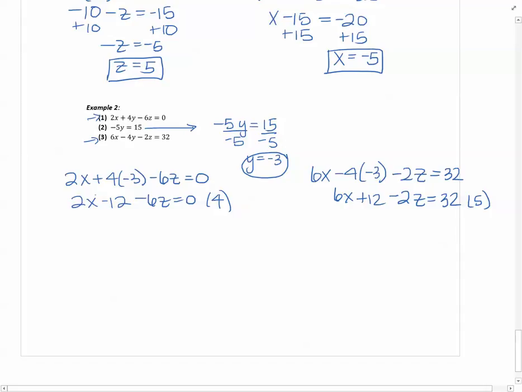But then we're going to have to do a 2 by 2 system here. I'm going to clean it up by adding this 12 to the other side. And I get 2x minus 6z is equal to 12. And I'm going to subtract this 12. And I get 6x minus 2z is equal to 20. These are a system that I can now solve.